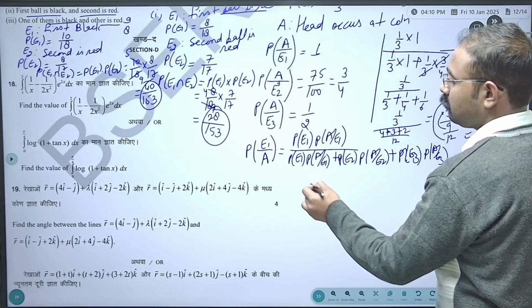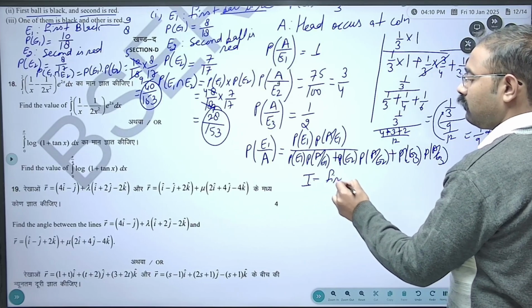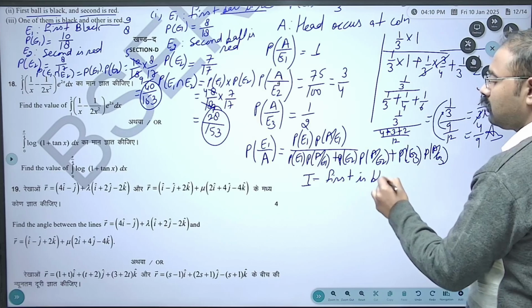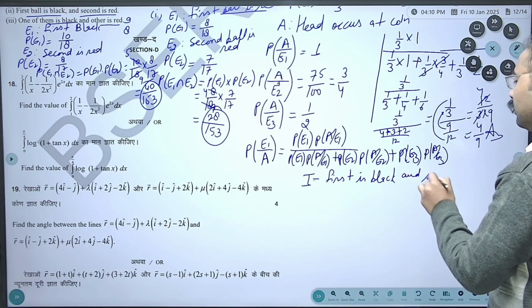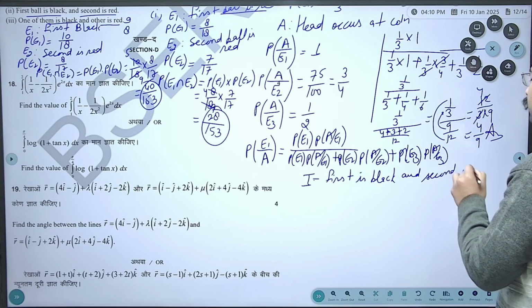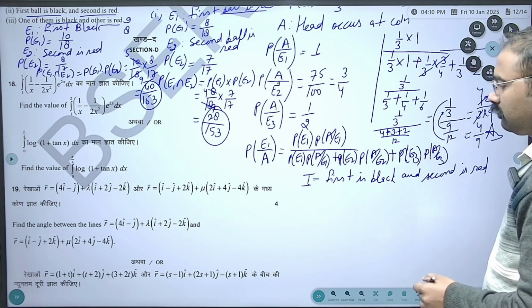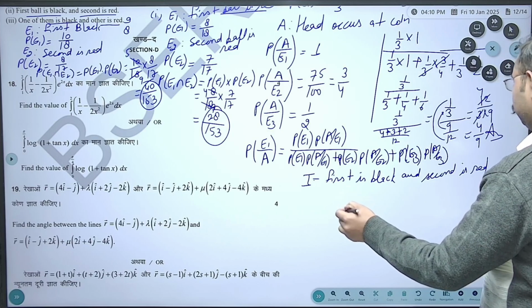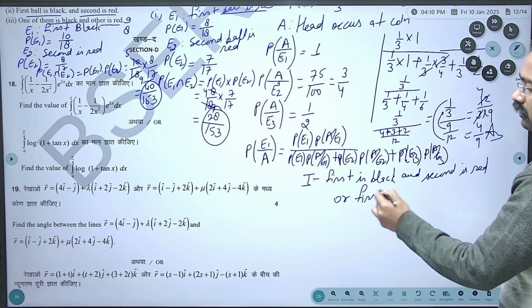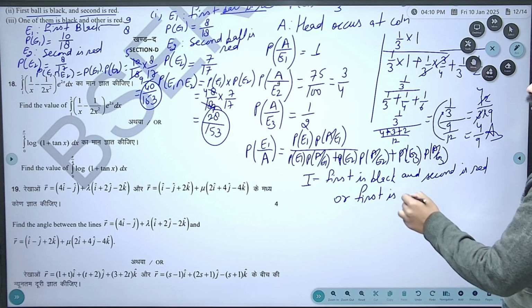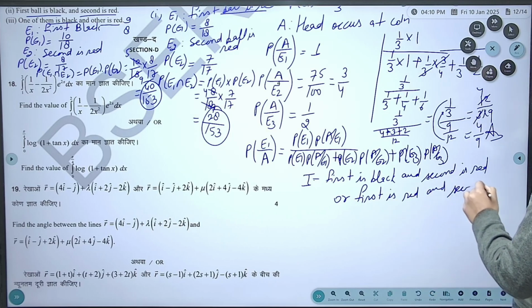Case first: first is black and second is red, and case second: first is red and second is black.